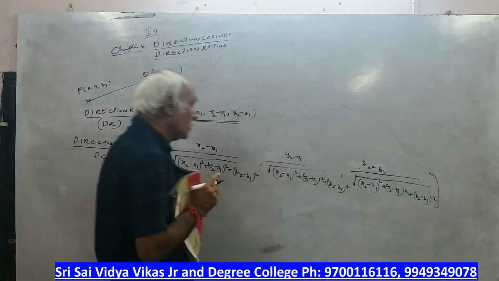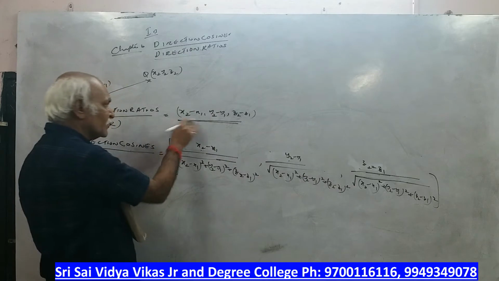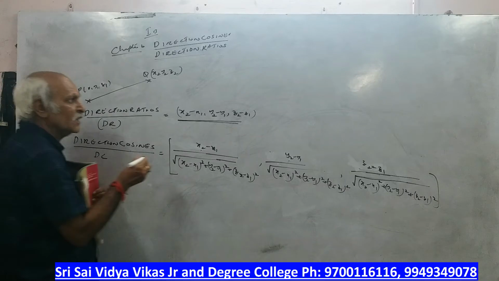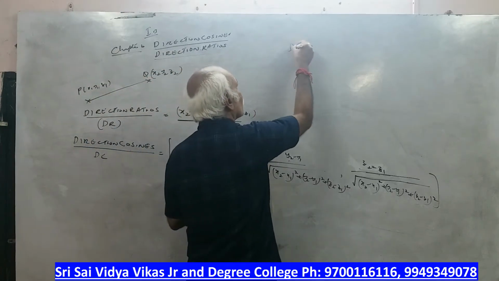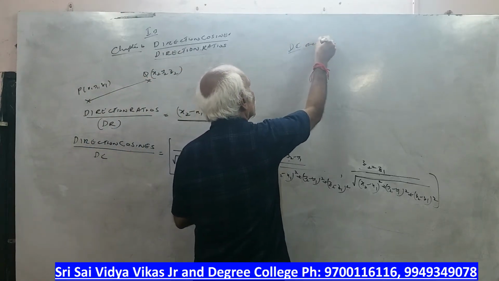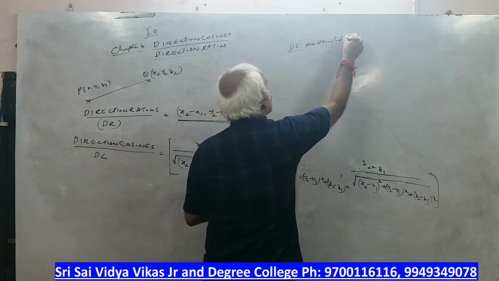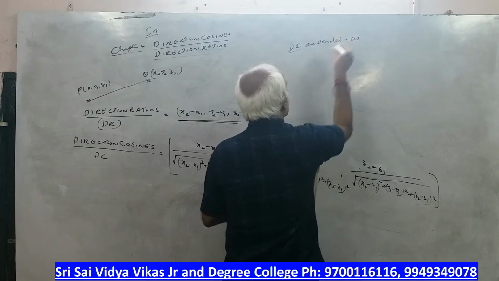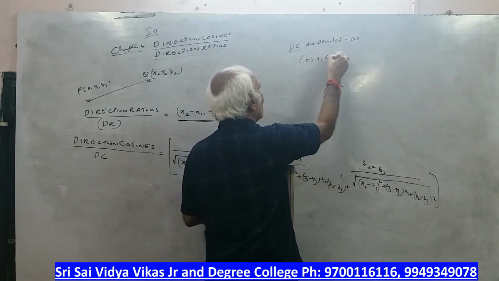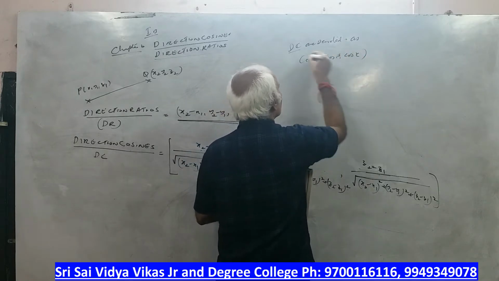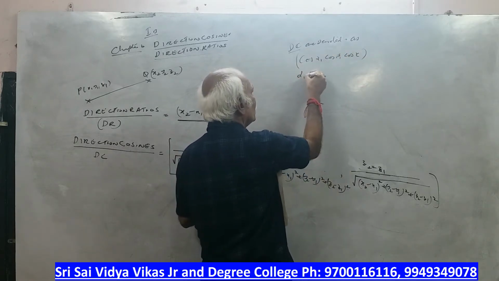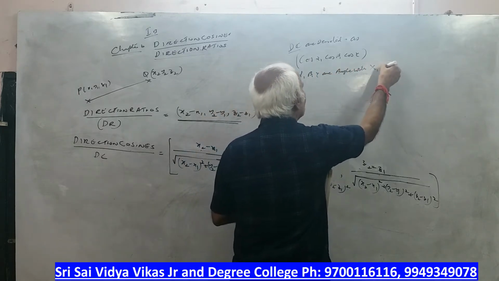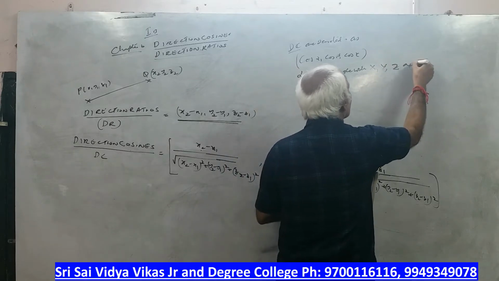So here directional ratios is simply the numerical difference. And what is the directional cosines? You have to divide by the root. Generally, DCs are denoted as cos alpha, cos beta, cos gamma, where alpha, beta, gamma are angles with the x, y, z axis.